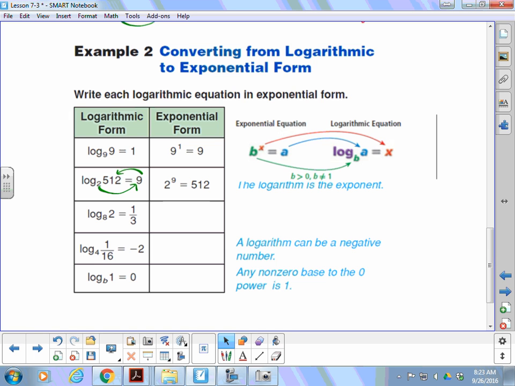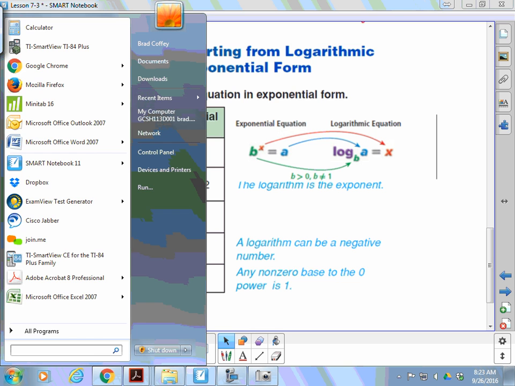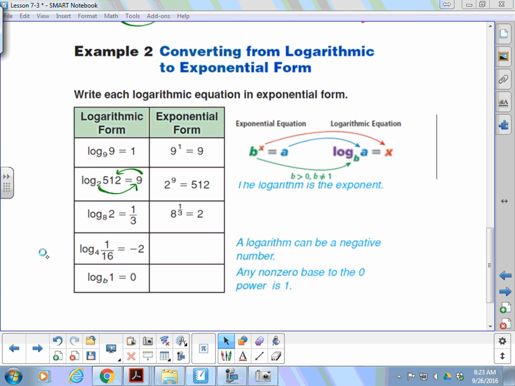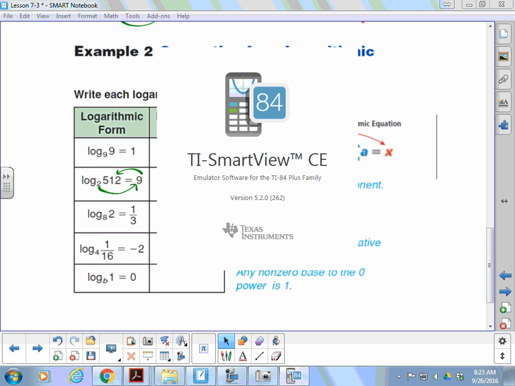And 8 is my base. 2 to the 1/3 power is equal to 2. All right. And you can check these. You could take your calculator and check to make sure that you have done them correctly, just by typing it in your calculator, for some of them anyways, the ones you can.